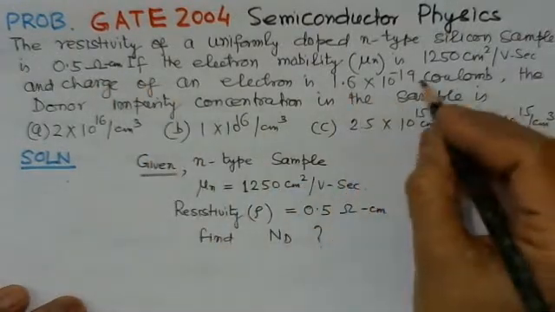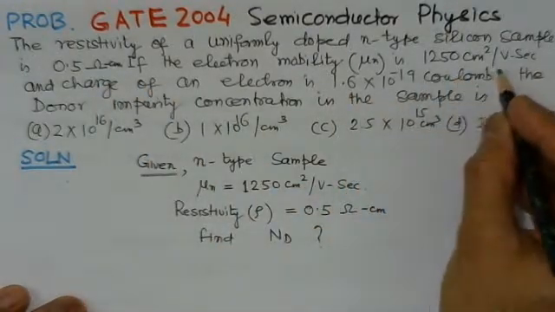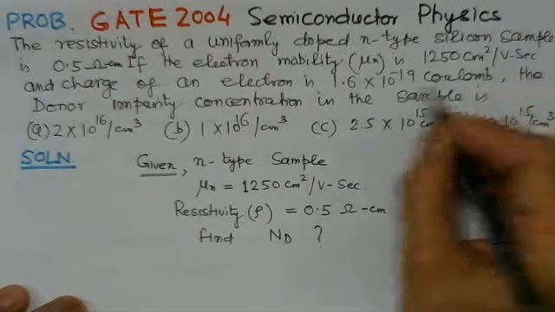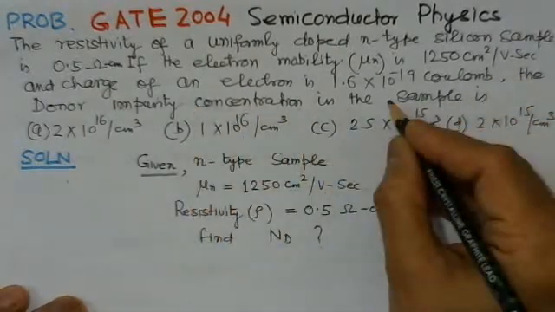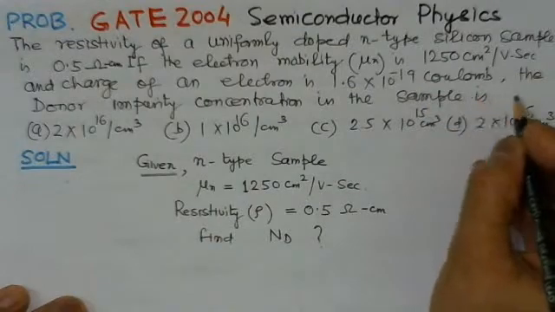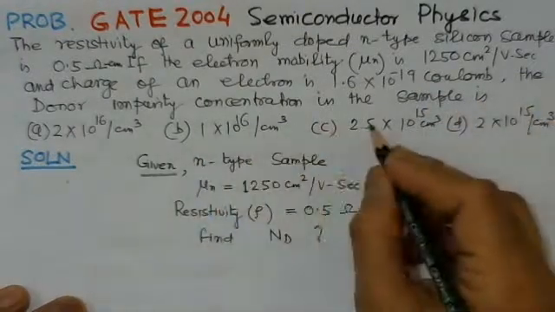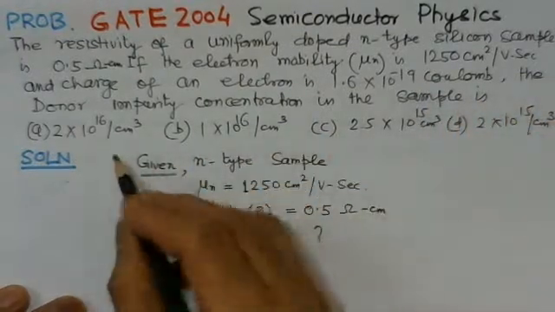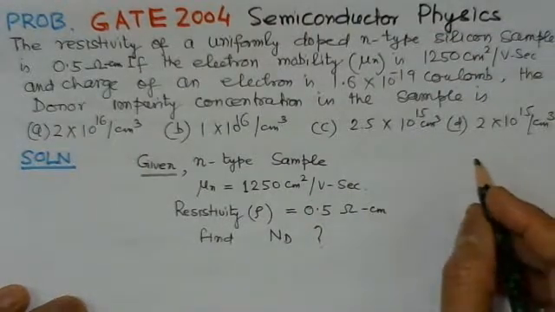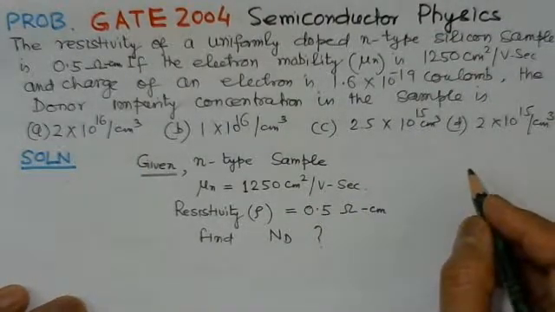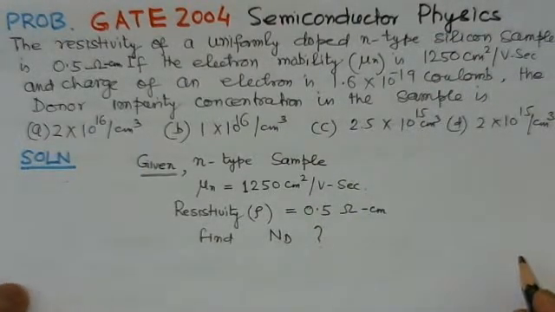If the electron mobility mu(n) is 1250 centimeter square per volt second, and the charge of an electron is 1.6 times 10 to the power minus 19 coulomb, the donor impurity concentration in the sample is, there are four options given here, and we have to find out which is the right choice.